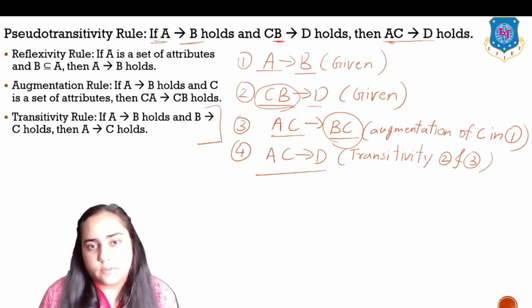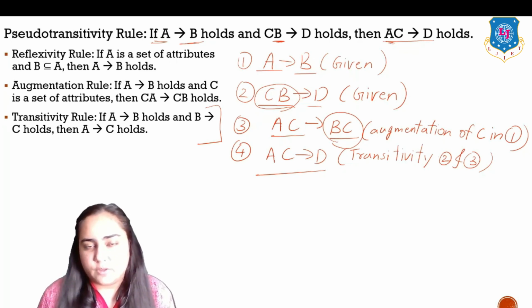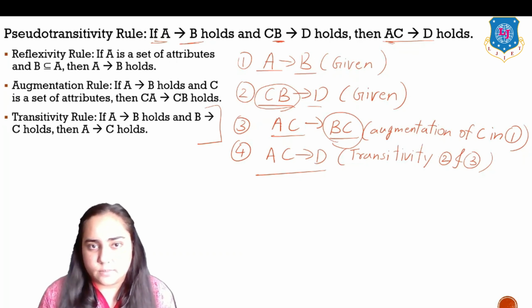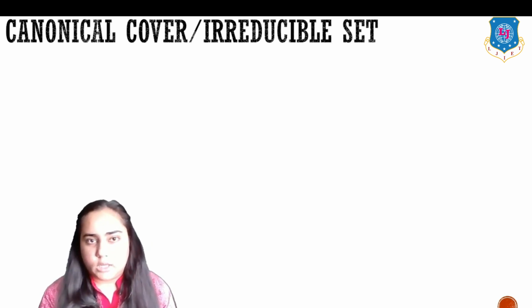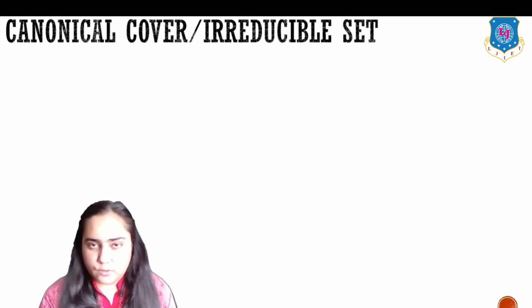And that's where we are going to stop proving Armstrong's axioms and start using them in calculating canonical covers. So first, let's see what a canonical cover is. So let's talk about canonical cover, or it is also sometimes called an irreducible set of functional dependencies.